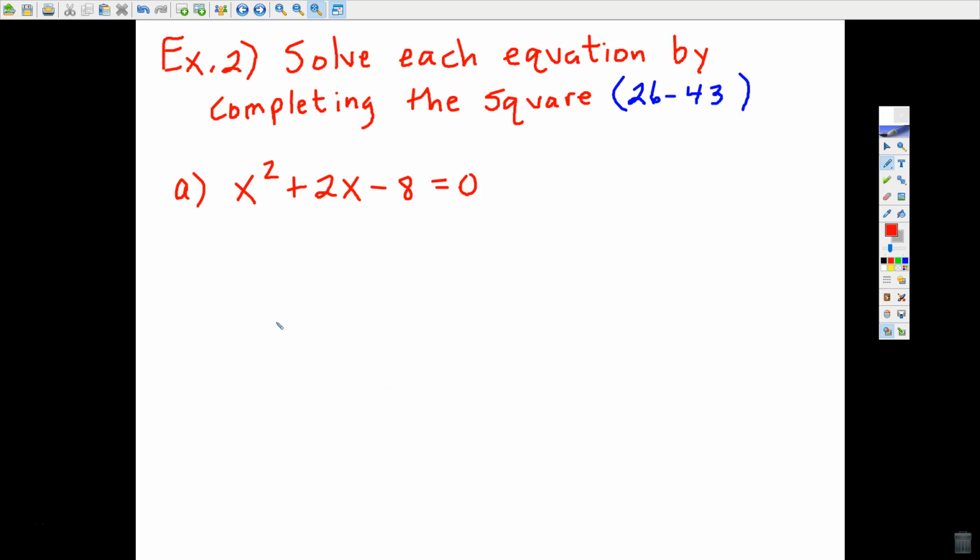Okay, now we're going to move into a different type of problem for your homework, problems 26 through 43. The issue here is it's not quite as easy because they didn't give us an equation that already contains a perfect square trinomial. As you can probably tell just by looking, we have negative 8 here, and it doesn't have a perfect square root.